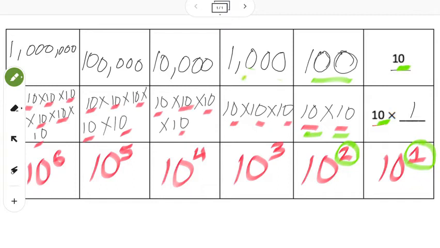Let's check. 1,000, we have 3 zeros, 10 to the power of 3. I'm going to skip all the way up to a million. We have 1, 2, 3, 4, 5, 6 zeros, and we'll double check in here: 1, 2, 3, 4, 5, 6. And that matches up. So that pattern holds. So again, that's one of the things we're looking for when we're doing math. We're looking for patterns that help us find our way.